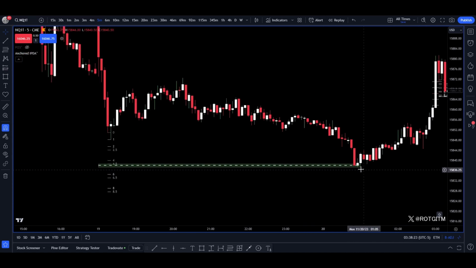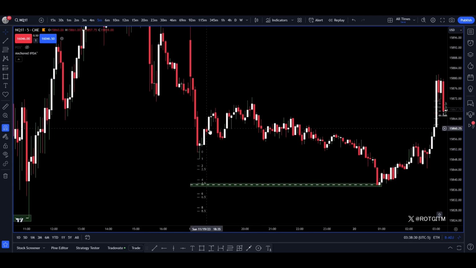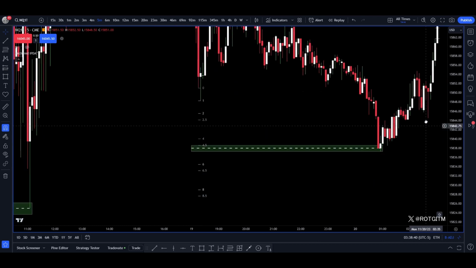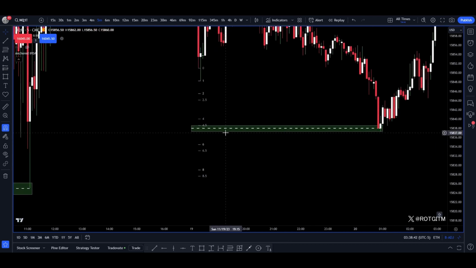All right, so over here we made this low, right? Market opened up Sunday night, came down, made this low, came off of it, consolidated, and then started falling off, fell off to 4.5 standard deviation, like to the tick.